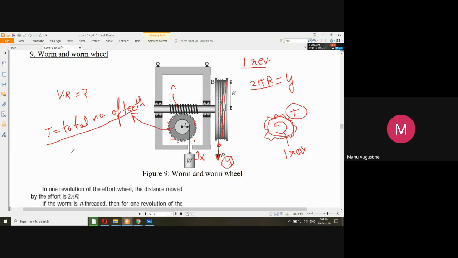Now, my next question is, if instead of moving all the T teeth, I have only moved n number of teeth, then what is the fraction of one rotation that I have moved the wheel?